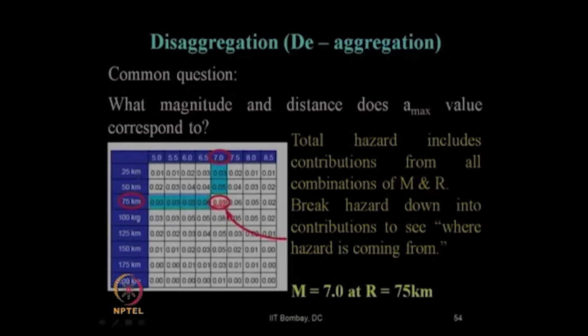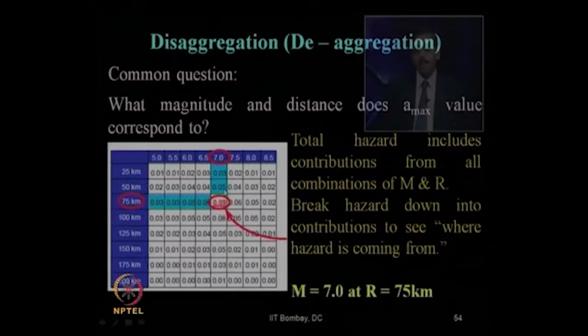If we disintegrate in terms of distance and magnitude, we will automatically see that it comes from the grid corresponding to 75 and magnitude 7, as shown over here. Different values are there, as you can see, and among these we have taken only the maximum one.